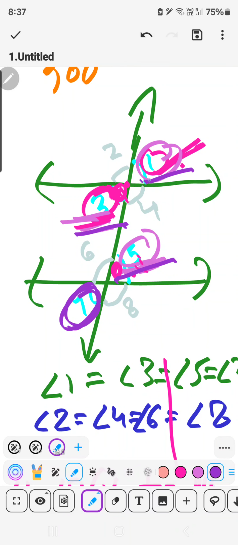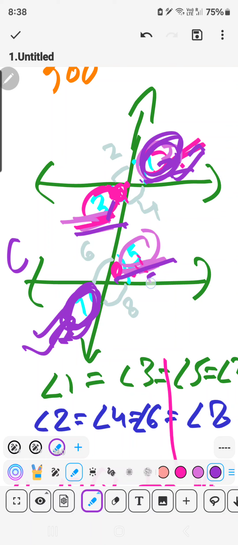Exterior. Outside. This is at the outside. Co-exterior. Actually, it is alternate co-exterior. You can say alternate co-exterior. Right? Alternate exterior angles. Now, how is 3 related to 7?